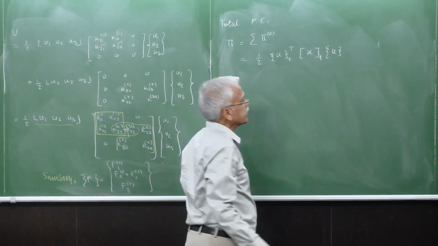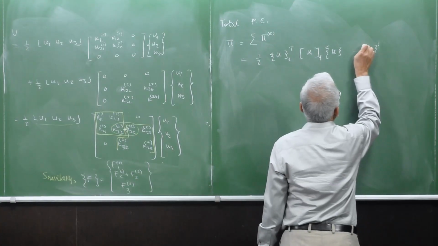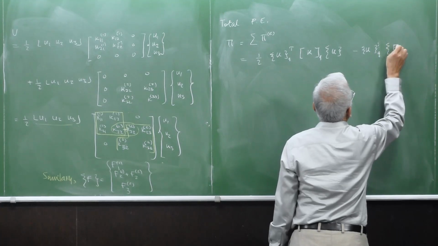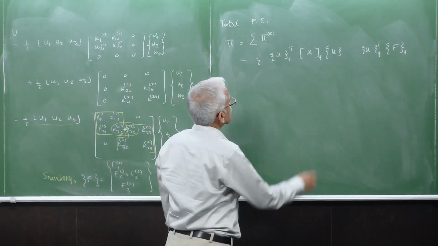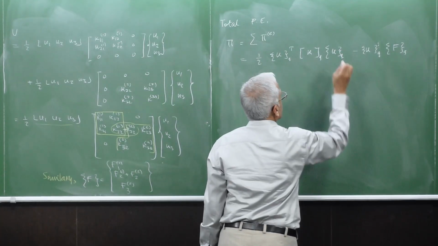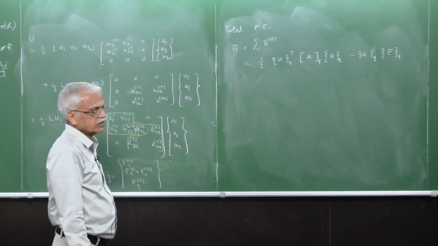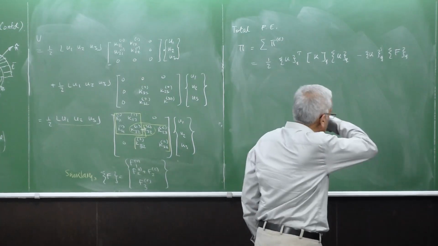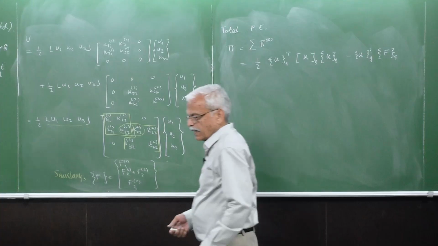So this is the energy, and these are all global things. I put the subscript G here just to show that they are all global vectors, which include all the degrees of freedom. Now this is the potential energy.